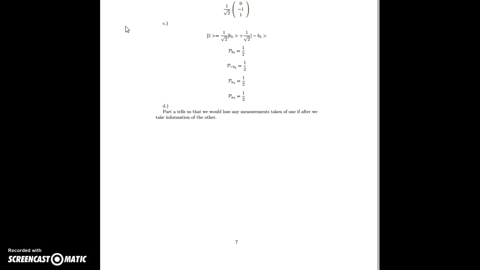Now you would expect all 100 of the remaining particles from the plus in the SY that we just did to be positive in the SZ, since that was the first measurement we took. But the second measurement cancels out, or doesn't cancel, we lose the measurement we took in the first place. So instead of all 100 being plus spin in the SZ, actually only half are plus spin in the SZ. And that's just an example of how we would lose measurements.